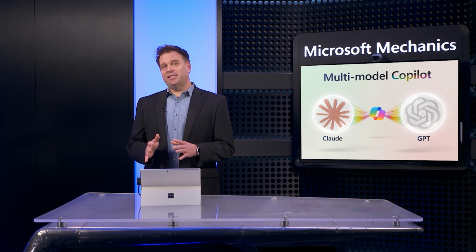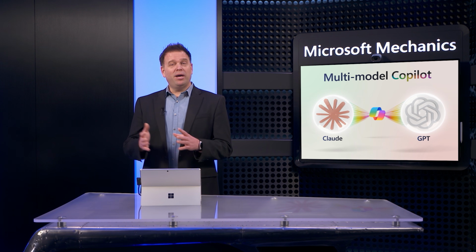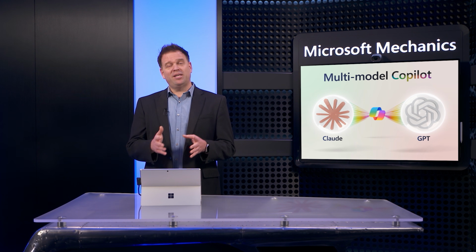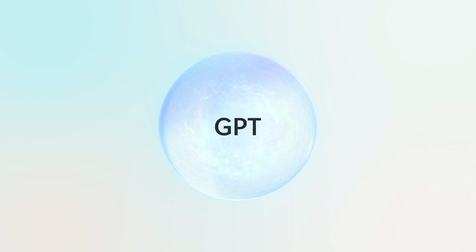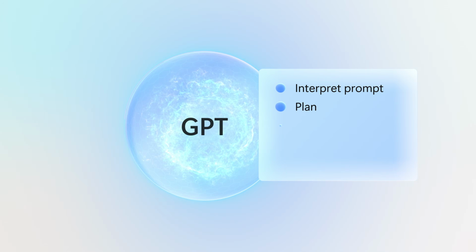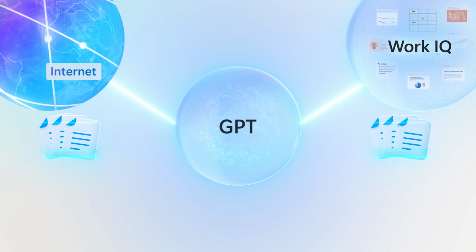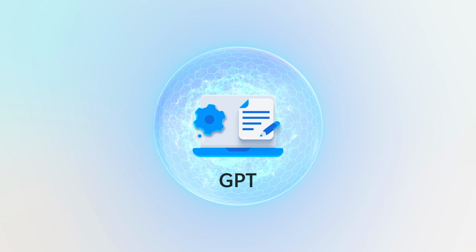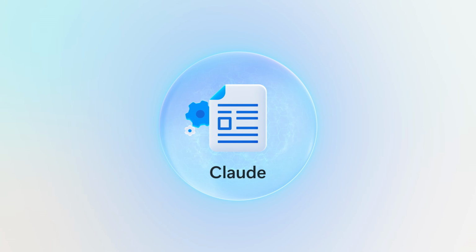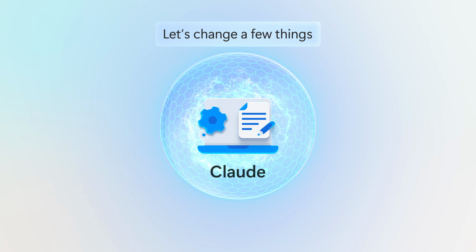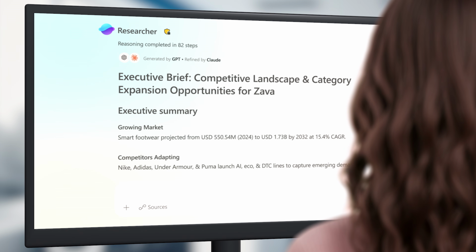Researcher now takes us a step further with critique by using a combination of models to separate generation from evaluation tasks, where one model leads the generation phase, planning the task, iterating through retrieval steps, and producing an initial draft, while the second model then focuses on review and refinement, acting like an expert reviewer before the final report is presented to you. This is now the default experience, and having these models work together helps ensure higher quality outputs. Let me show you.